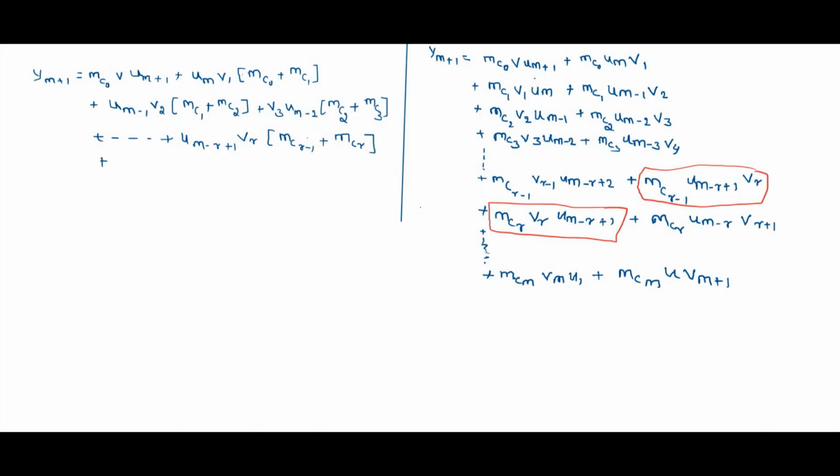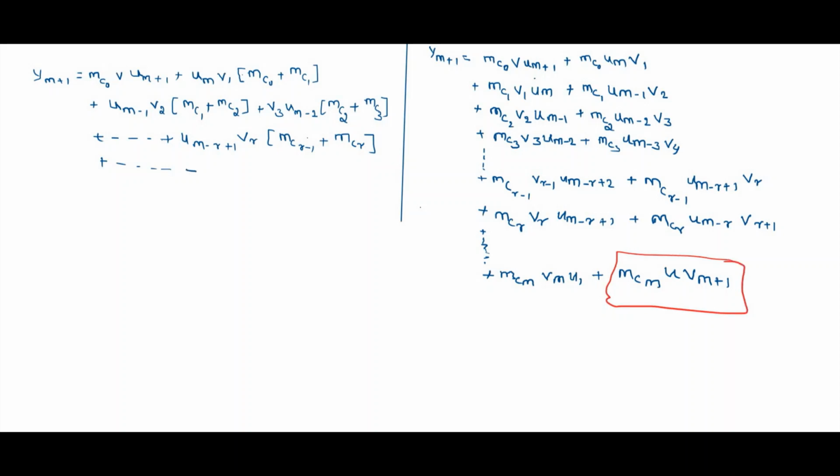Similarly, plus continue in the same way, and at last we are left with the last term only, that is plus MCM U V^(M+1).